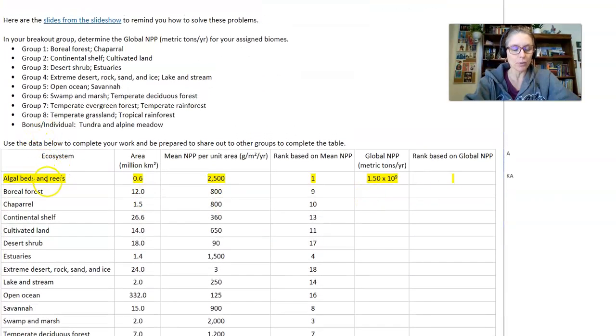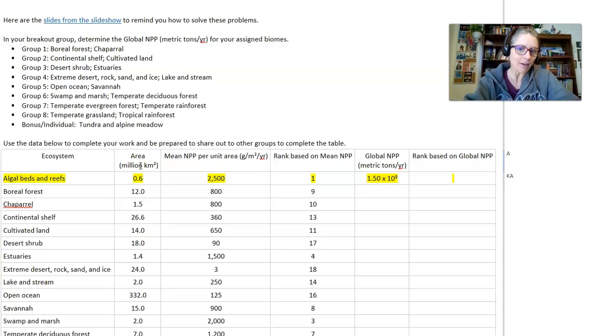So in the example, we had the algae beds and reefs, and they had an area of 0.6 million kilometers squared and a net primary productivity mean of 2,500 grams per meter squared per year. All right. So what does that mean? What we're talking about is the area over the globe is 0.6 million kilometers squared of algae beds and reefs.